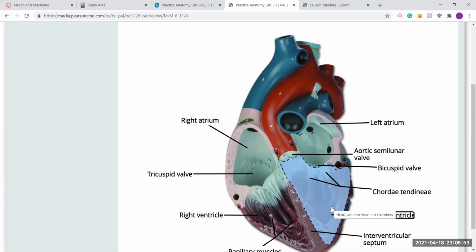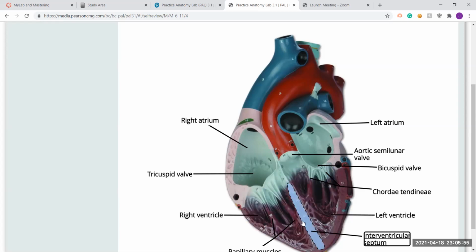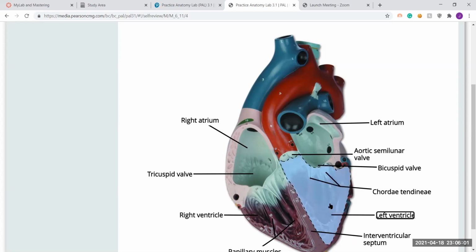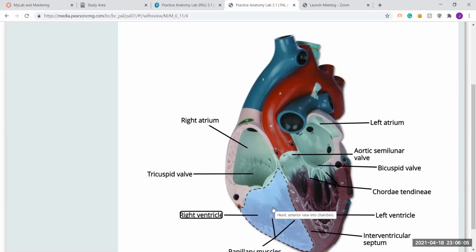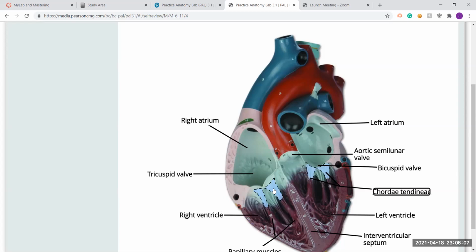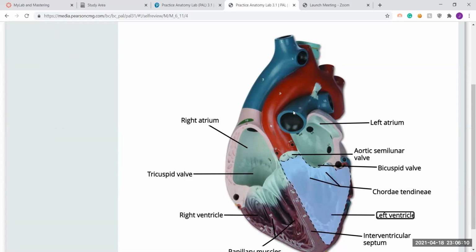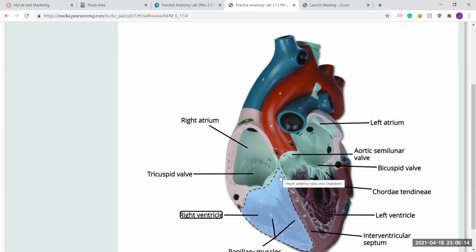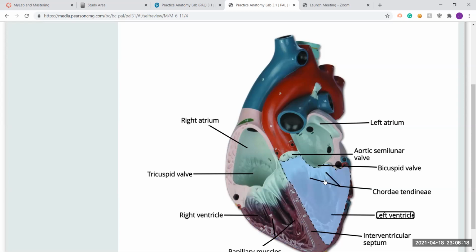The right ventricle and left ventricle are separated from each other by the interventricular septum. When right ventricle contracts, it pumps blood into pulmonary trunk. And pulmonary trunk has been removed here, so you cannot see the pulmonary semilunar valve.